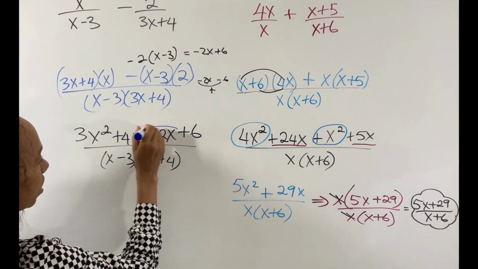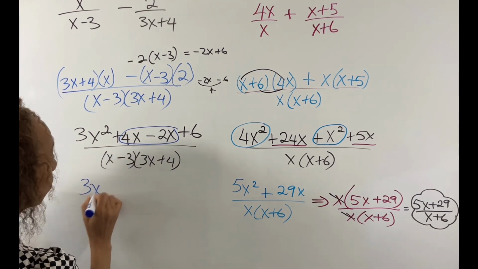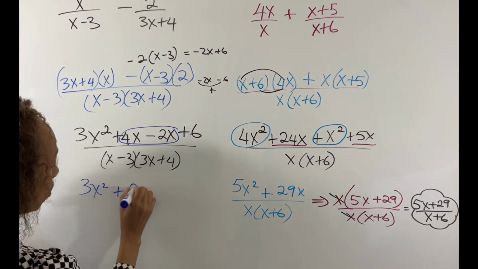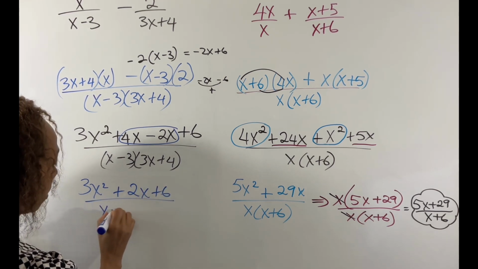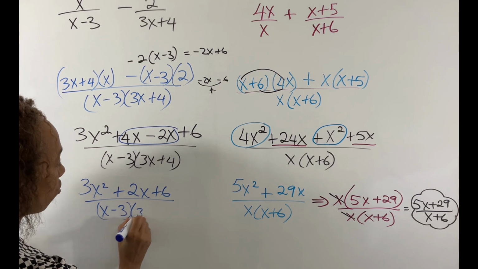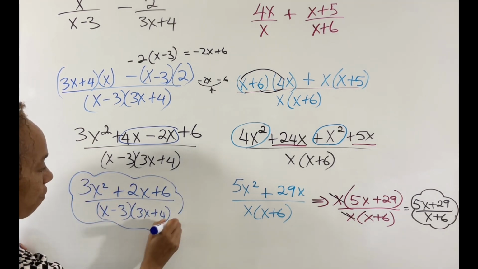and you will notice that these are your like terms that we have. So it's 3x squared plus 2x plus 6 over x minus 3 parentheses 3x plus 4 close parentheses, and that is your final answer.